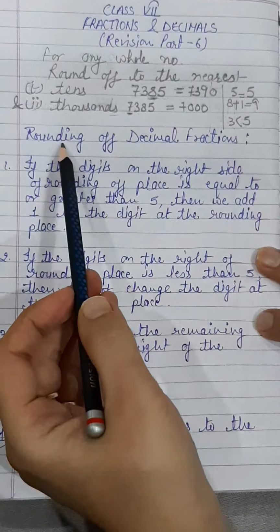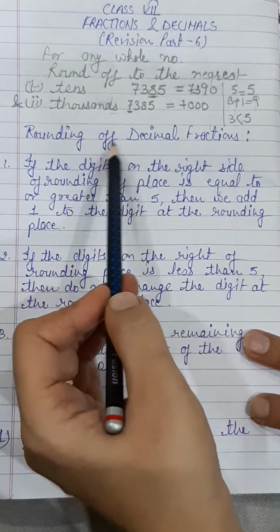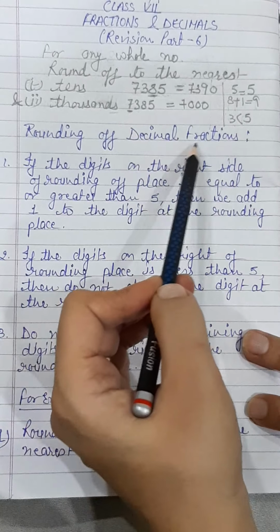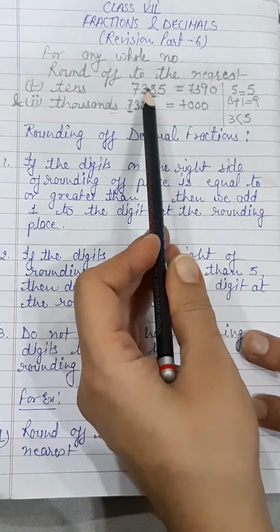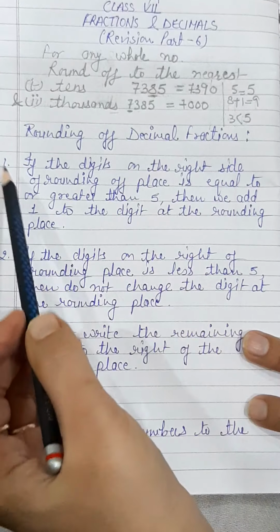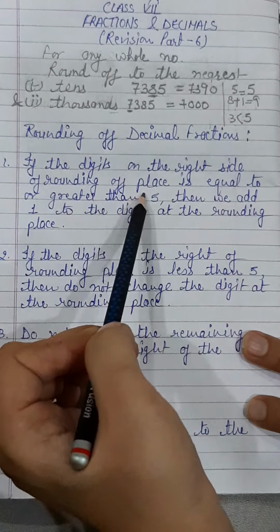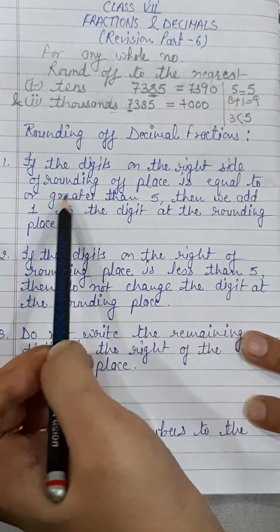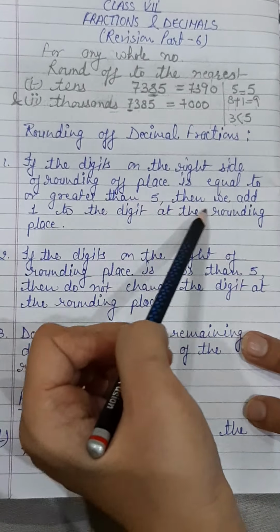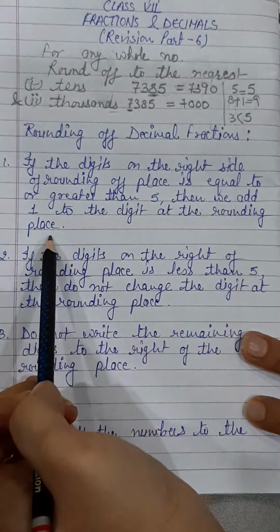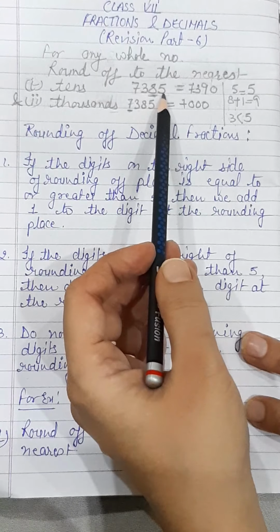Now, what about rounding of decimal fractions? It is the same as this. If the digit on the right side of the rounding off place is equal to or greater than 5, then we add 1 to the digit at the rounding place. That we have done here.